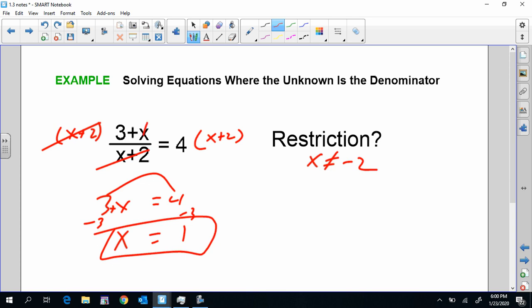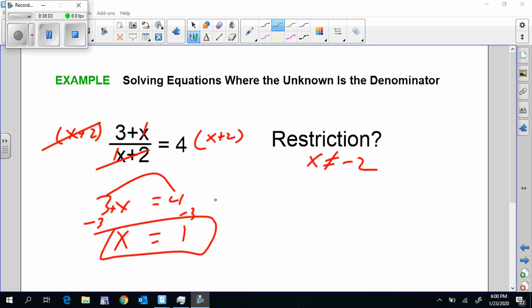Can you plug 1 in and 1 in to get 3 plus 1, which is 4, over 1 plus 3? Whoa, wait a minute. Something went wrong. Pause it.